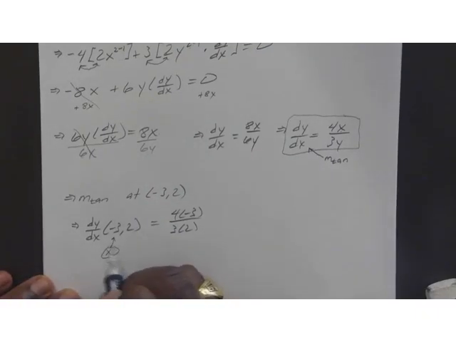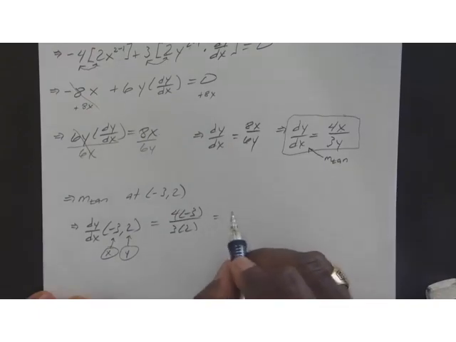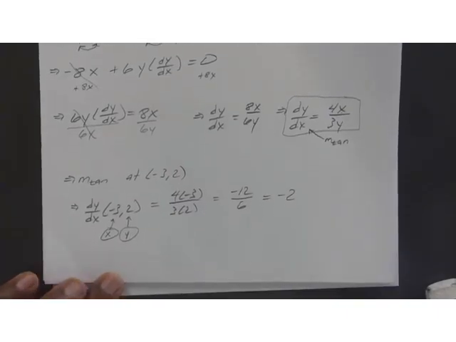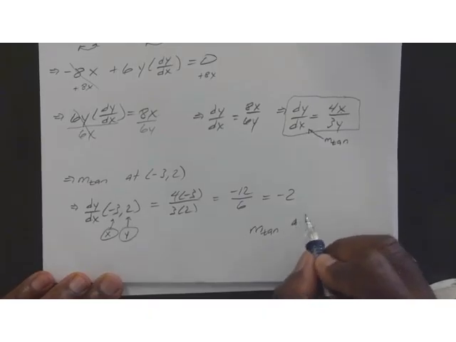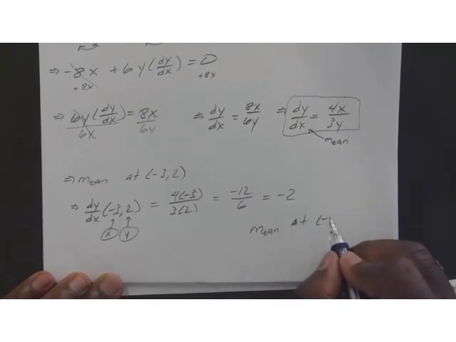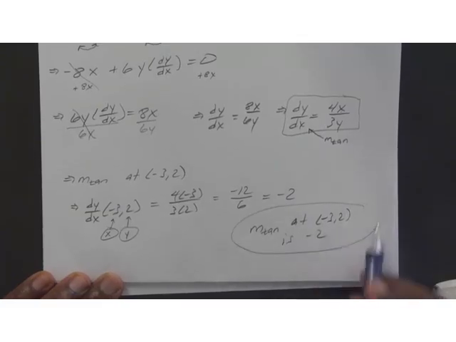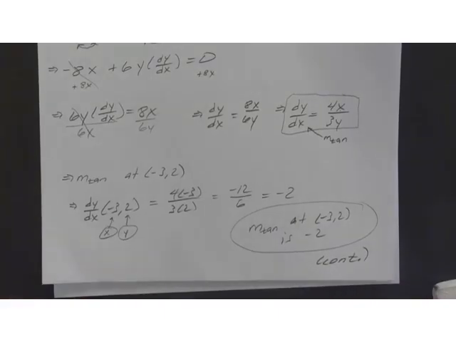That's just your x, and that's your y. That gives us negative 12 over 6, which is just negative 2. So we know that our slope of the tangent line at the point negative 3, 2 is negative 2. And we can use that to finish it up on the next page.